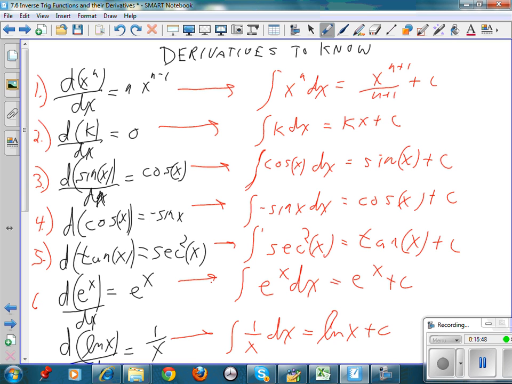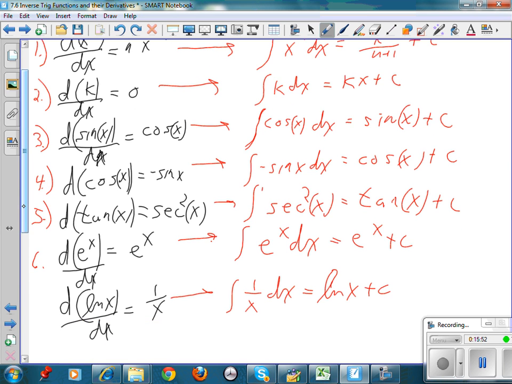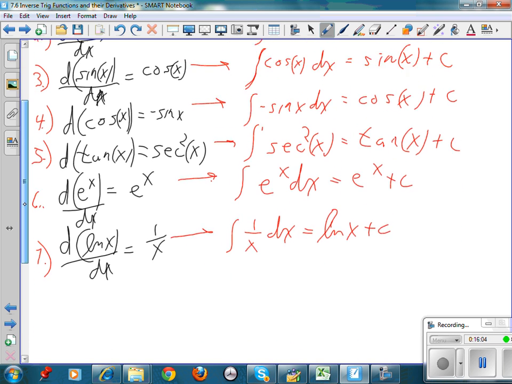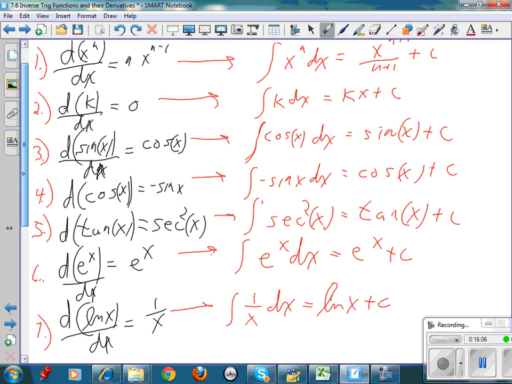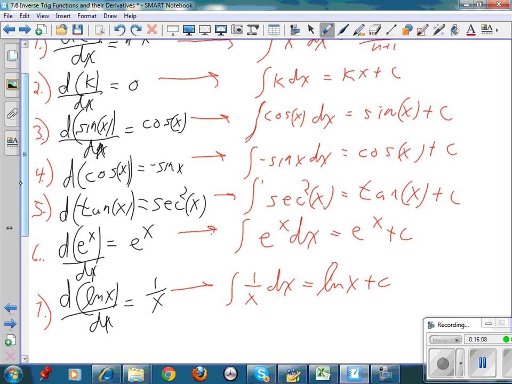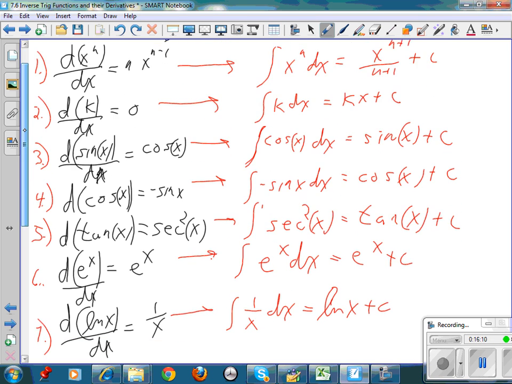And we got the derivative of the exponential function. We got the derivative of the natural log function. We could derive the derivative of 2 to the x or log base 2 of x. Those are not nearly as important, though, as the natural log and the exponential function, the e function. And what else besides? Those are 7.